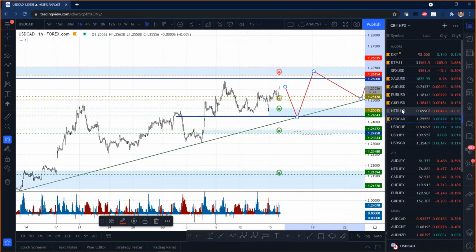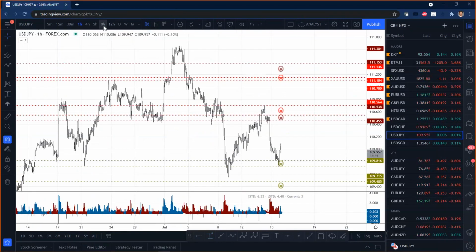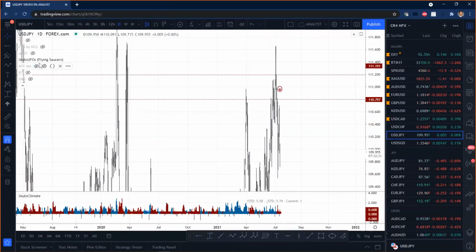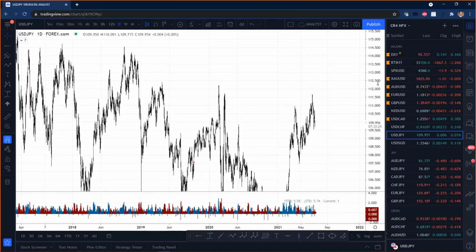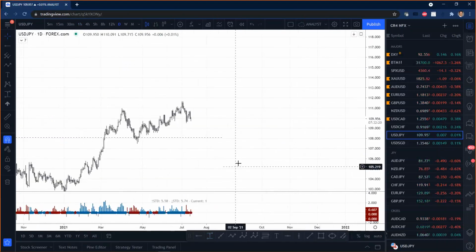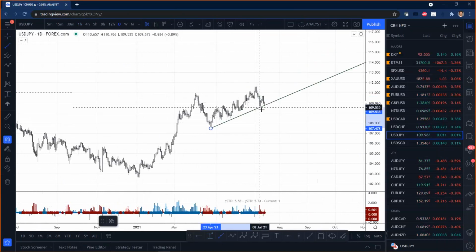So what else do we have? Let's also look at the yen. Let's go back to the daily here. Just going to turn off the UFOs for a little bit, just so that we can look a little bit more unencumbered. So what's interesting here is we do see this upward trend line.